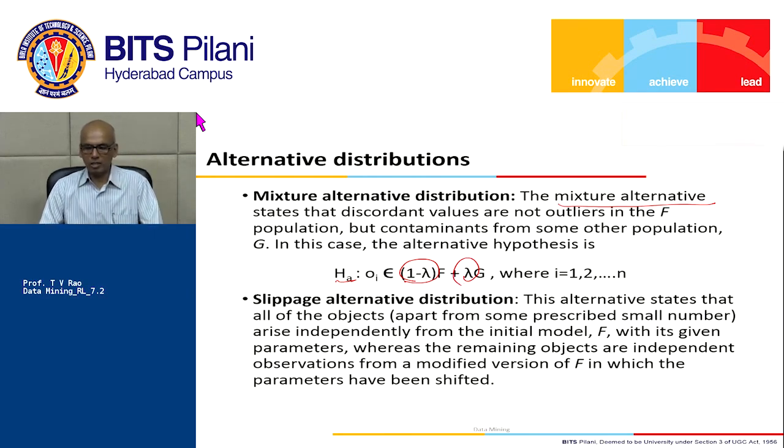That is what represents the data objects. Again, we can use this hypothesis and determine if some data object is significantly deviating from it. Here we may even use a slippage alternate distribution, where instead of F and G being altogether different distributions, they may be the same distribution but with different parameters.